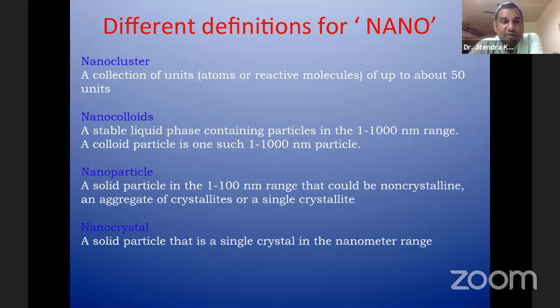And nanocolloid is a stable liquid phase containing particles in the 1 to 1000 nanometer range, and colloid particles are one such particle. Nanocolloids are widely used in machining, as cutting fluids, because they are a stable liquid phase and will not precipitate.